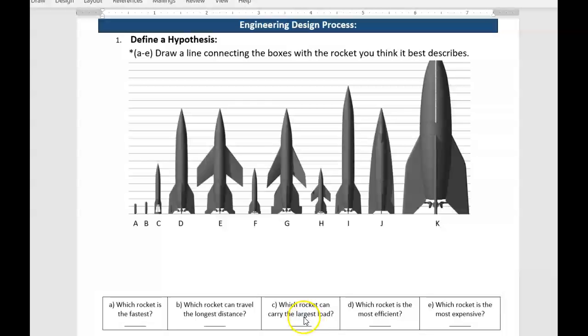Part C, which rocket can carry the largest load? So which one would be that? Which rocket is the most efficient and which rocket would be the most expensive?